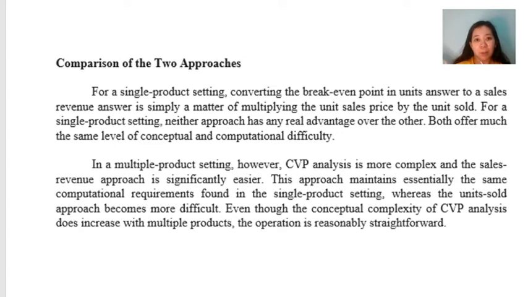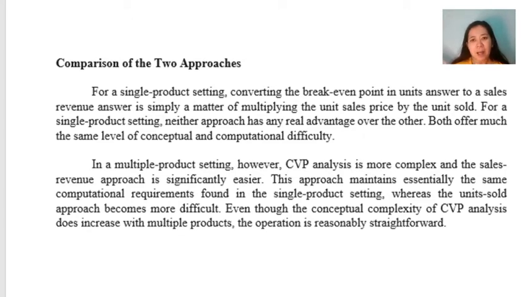All you have to do is multiply the unit sales price by the units sold. That's it. Neither approach has any real advantage over the other. Both offer much the same level of conceptual and computational difficulty.